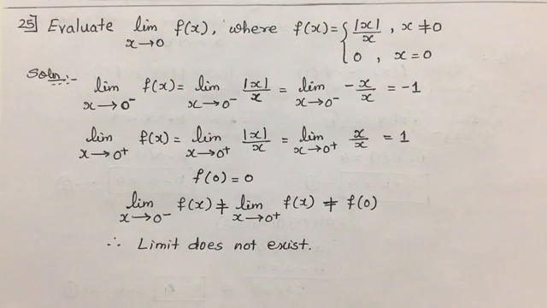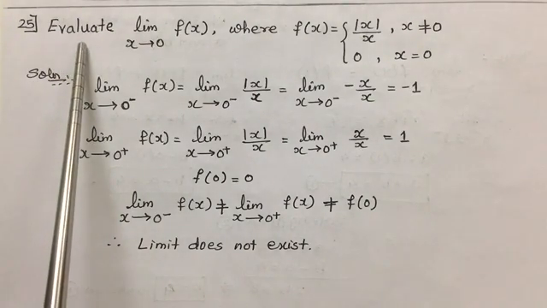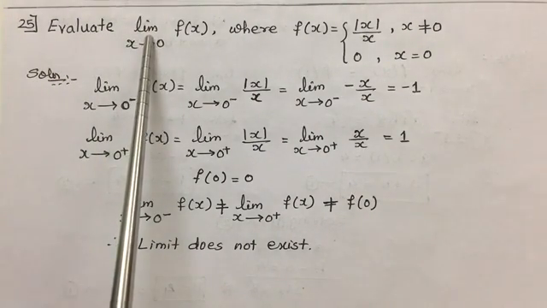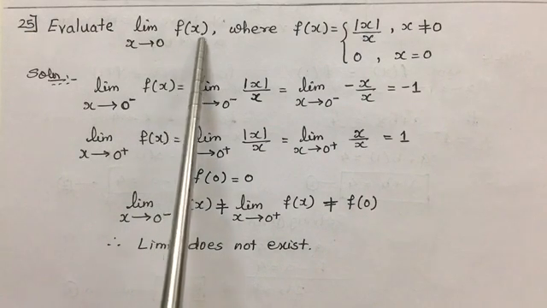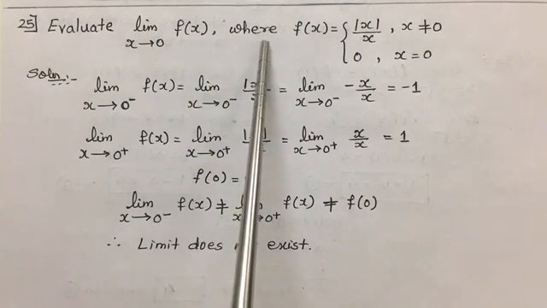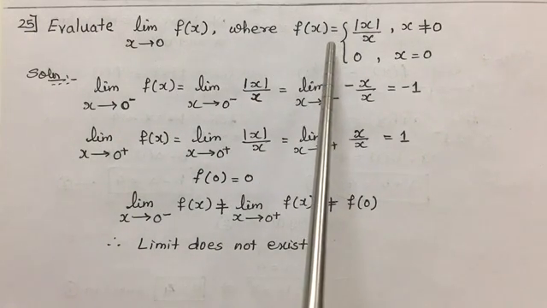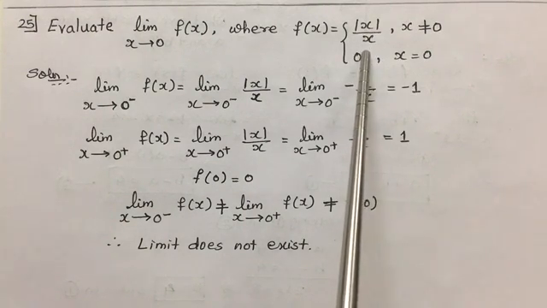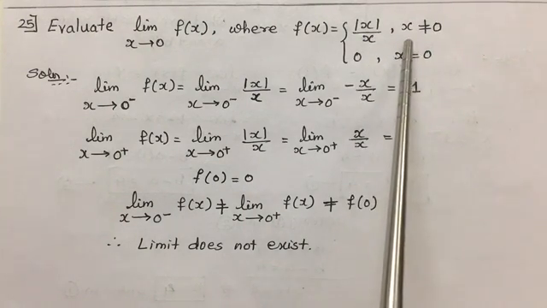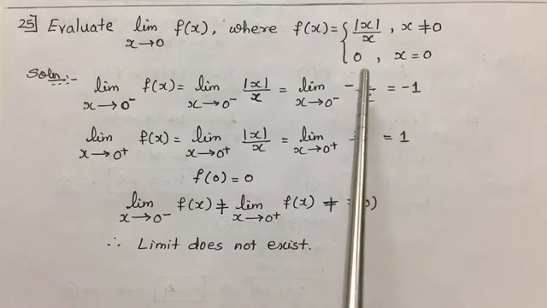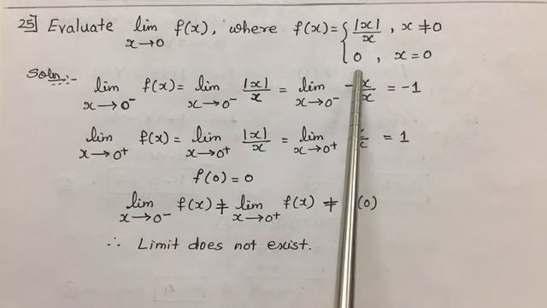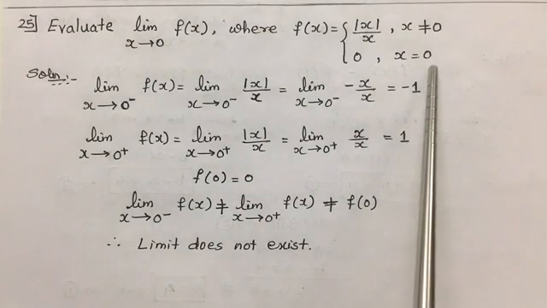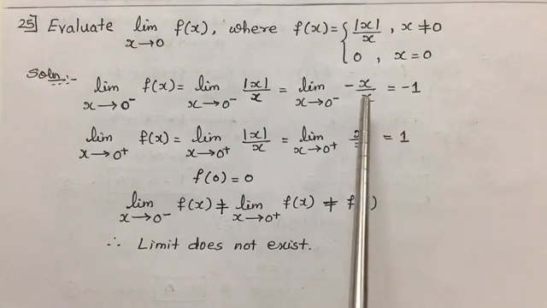Example number 25th. Given is evaluate limit x tends to 0 of f(x), where f(x) is equal to mod of x divided by x when x is not equal to 0 and equal to 0 when x is equal to 0.